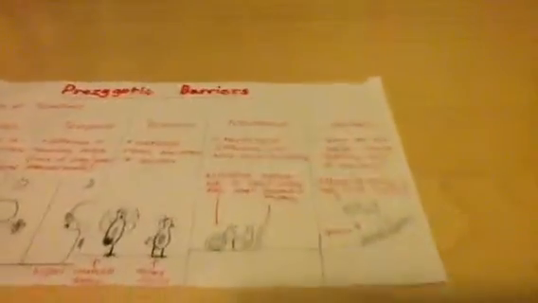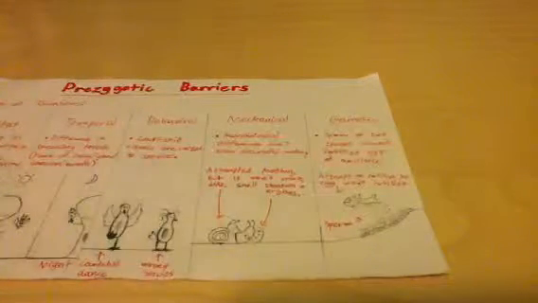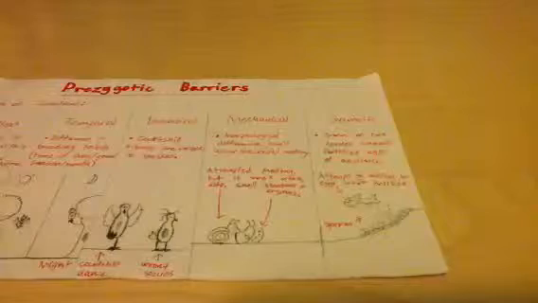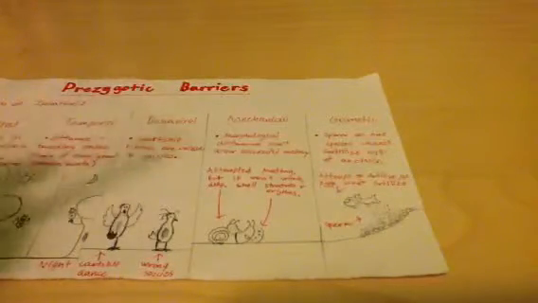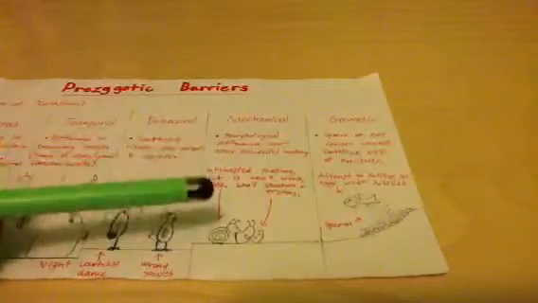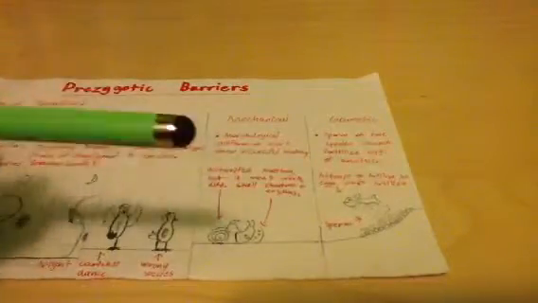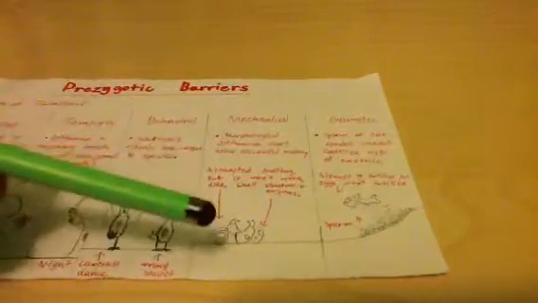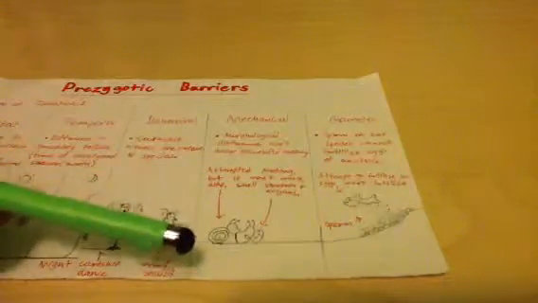Alright? So now we have mechanical isolation. This is when morphological differences don't allow successful mating. As you can see, this is when mating starts to be attempted. You can see this snail with a spiral shell, and then a snail with a polka dot spiral shell. They will try to mate with each other, but this would not work because these are different organ structures within each snail.